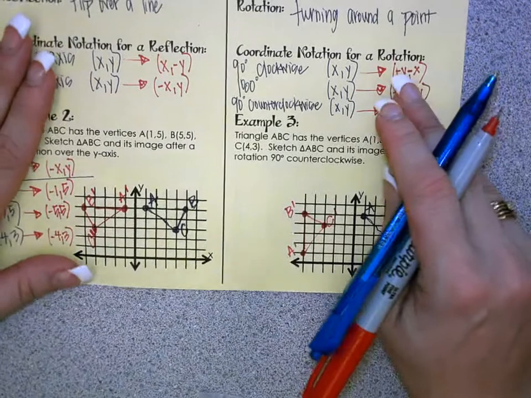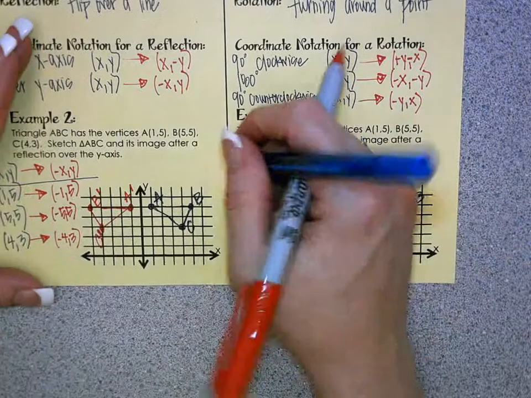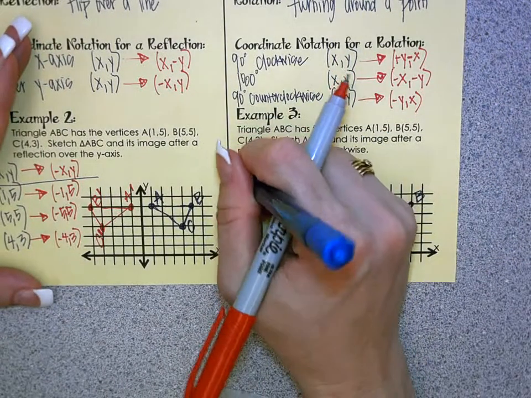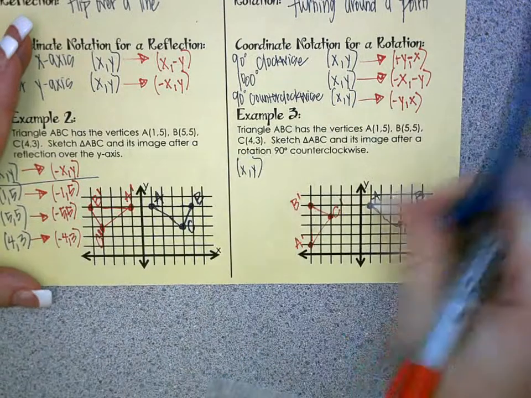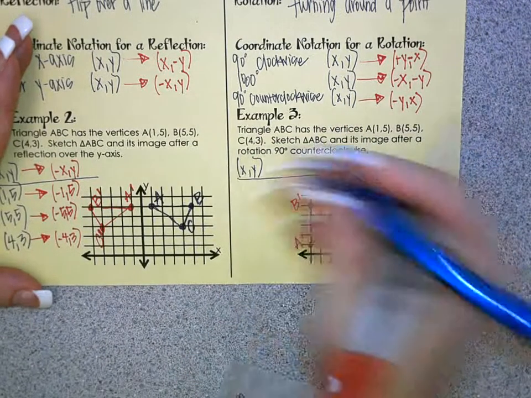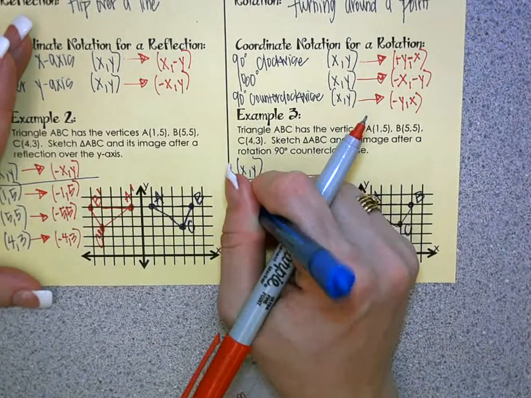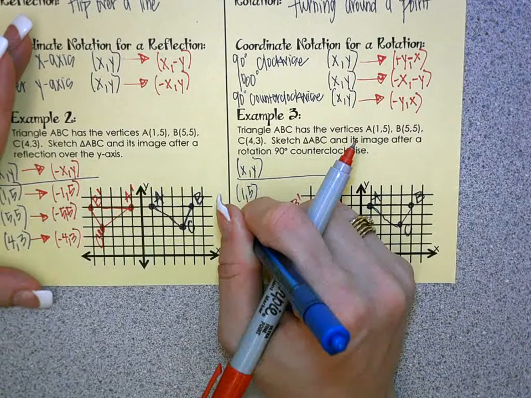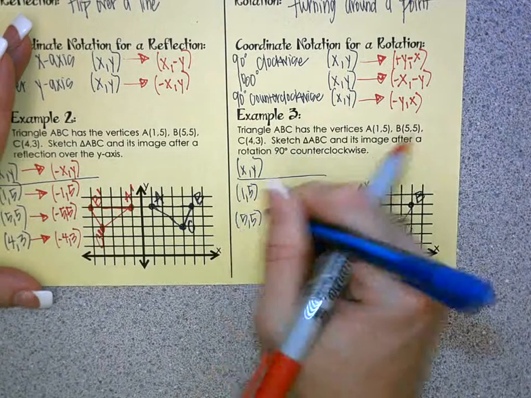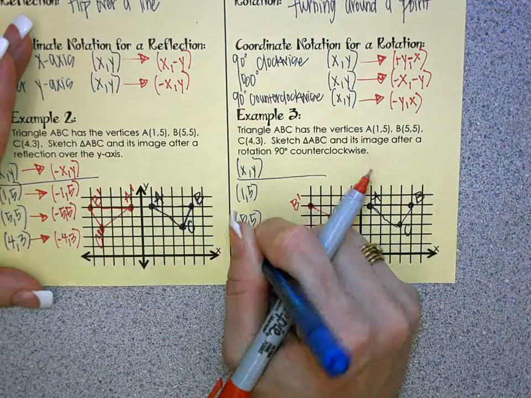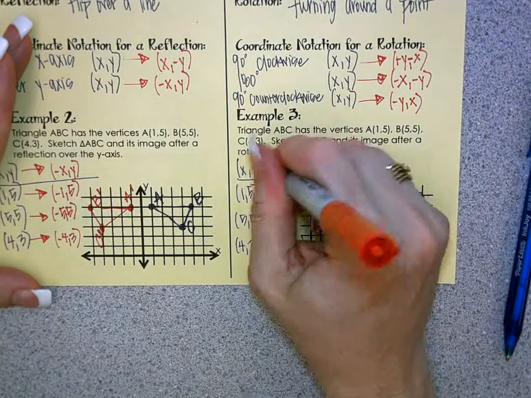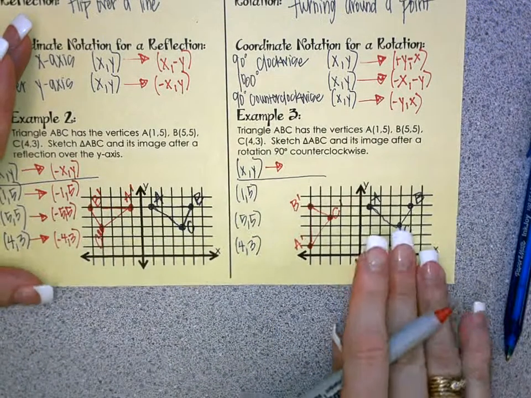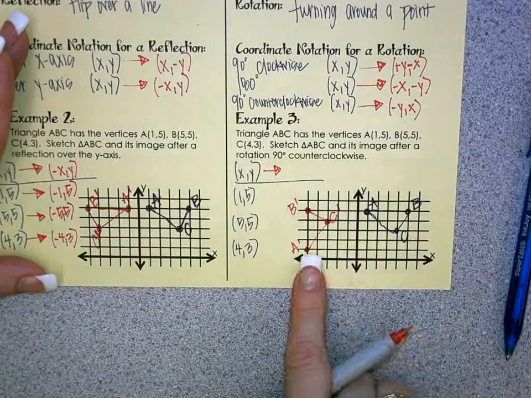So on this last one, if we're going to write our notation, okay, the way we do that is your first point was over 1, up 5. What is your new A location? Negative 5, up 1.